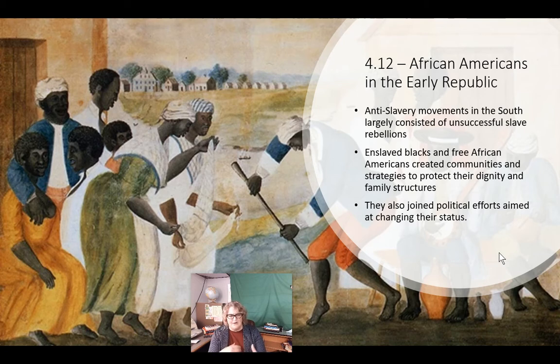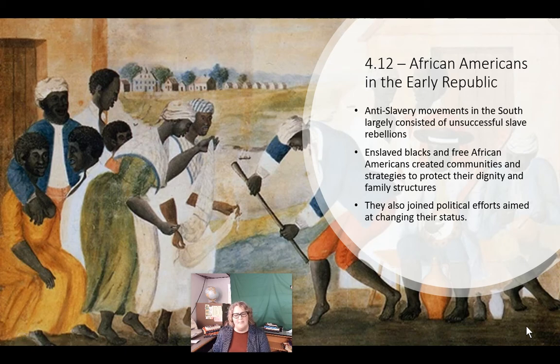So there are many ways that we see them try to maintain and compensate for that. And then we will also see that when able, they join in the political efforts aimed at changing their status. So there will be a number of freed African Americans, for example, that are participating in abolition movements in the Underground Railroad, for example. So we want to look at this subculture and how this culture developed.